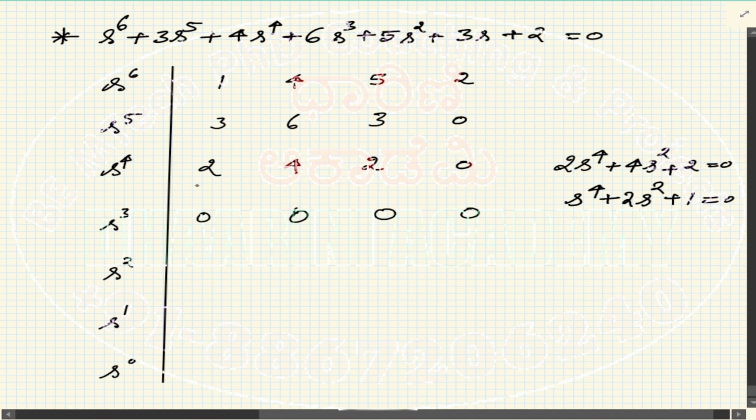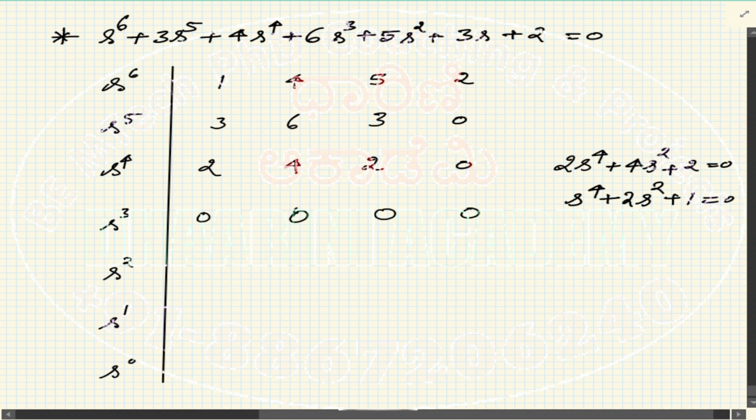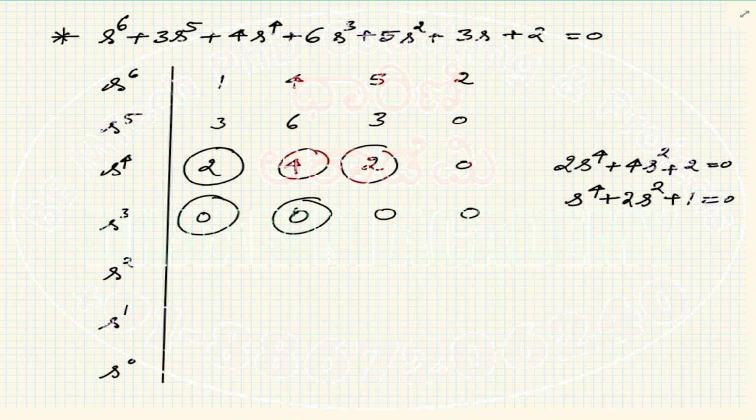Okay, so differentiation. This is s to the last one. Okay, and now 1 second. 4s square, because see, this is power 4, this is power 3, then the power 2, power 1, power 0.